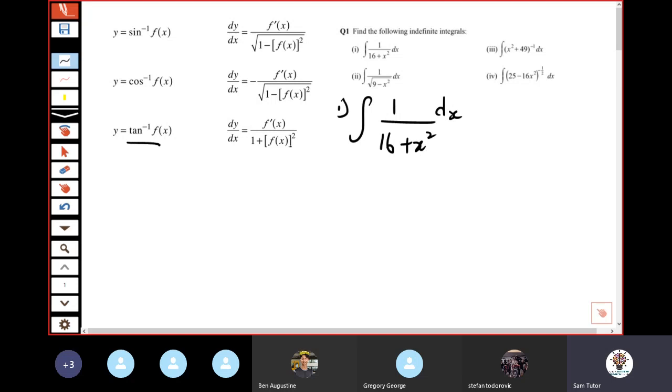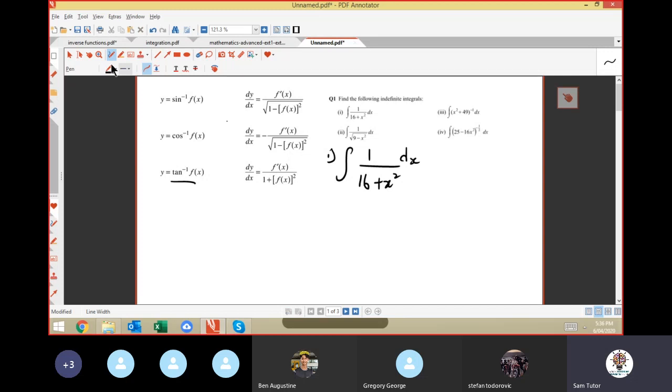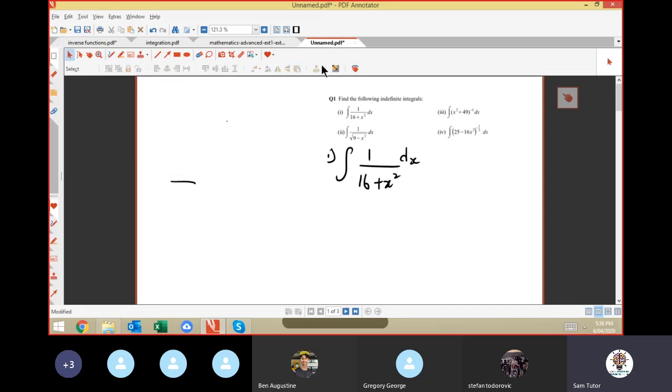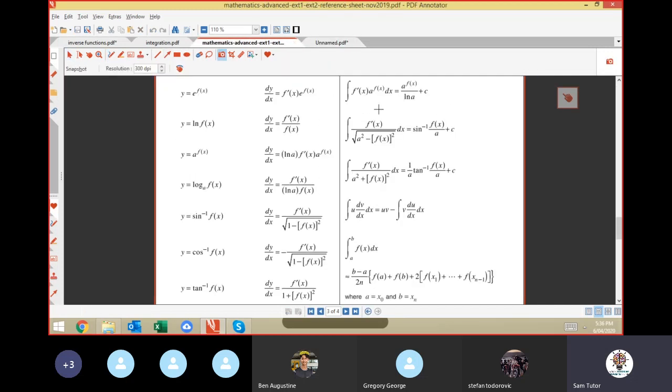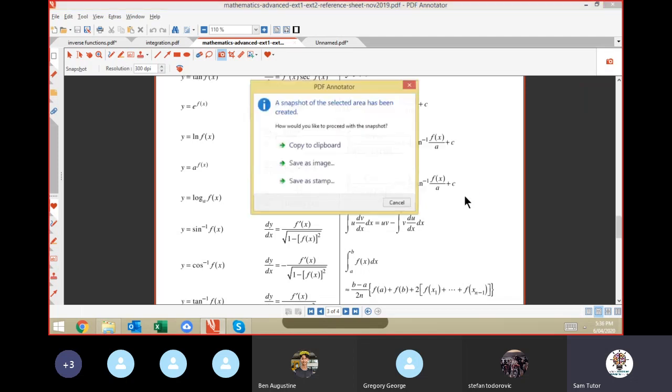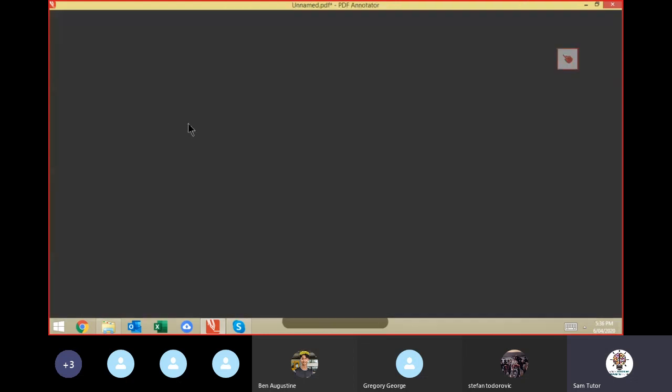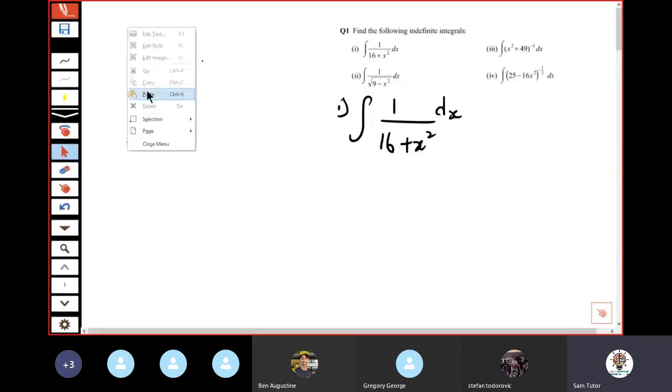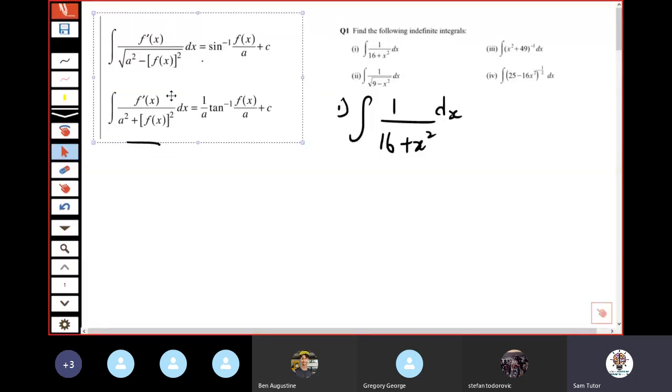Now, I just realized I gave you the wrong one here. It might be a bit easier to start with this one. So once you realize it's an inverse tan, the formula is just this.